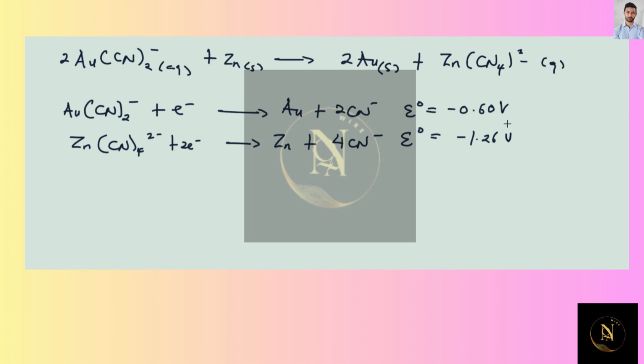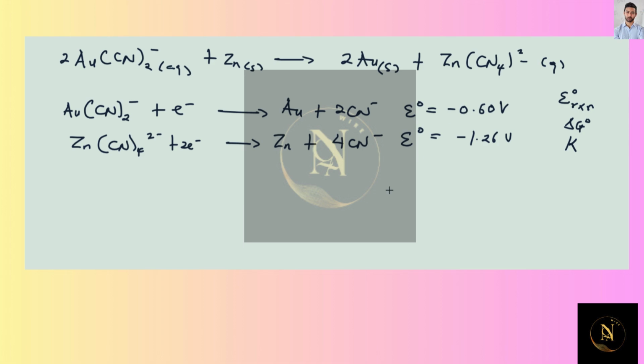Now, based on this, we have to calculate the reduction potential for this reaction, as well as the delta G for this reaction, together with the equilibrium constant for this reaction. So how can we do that?